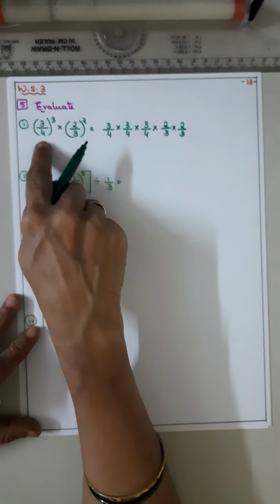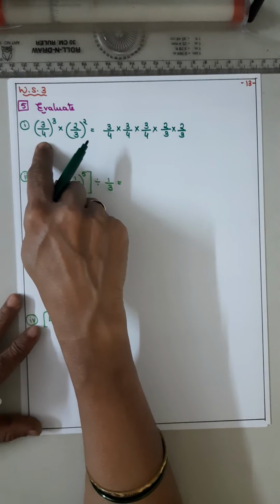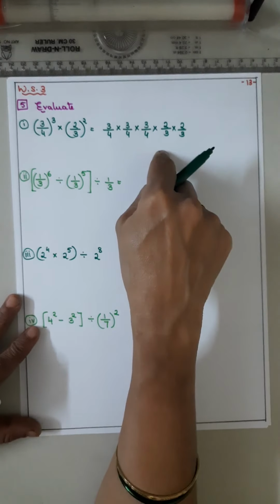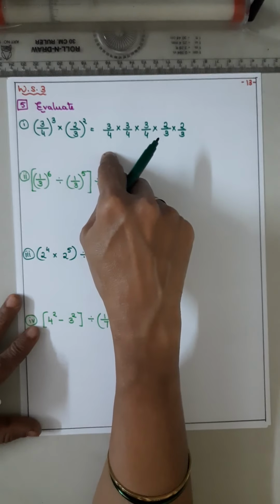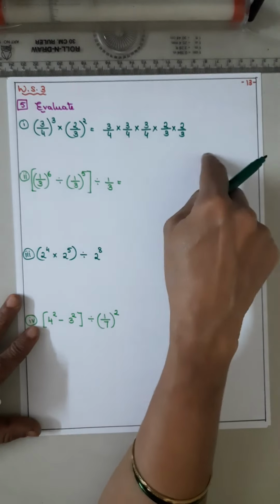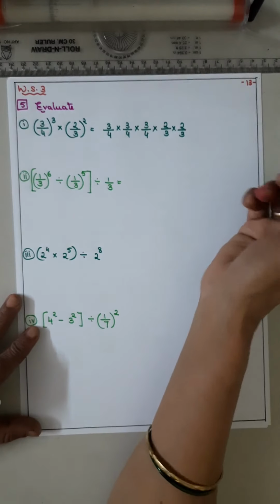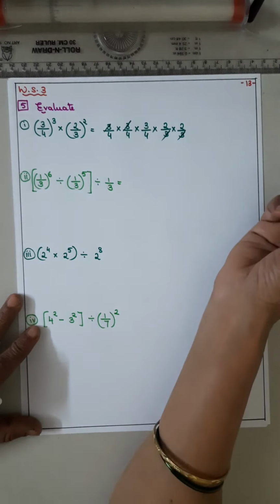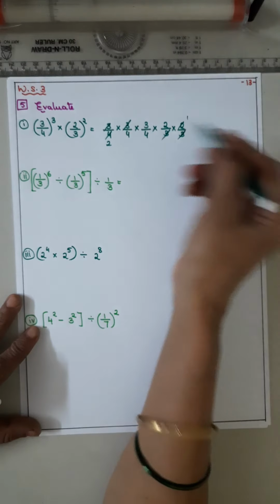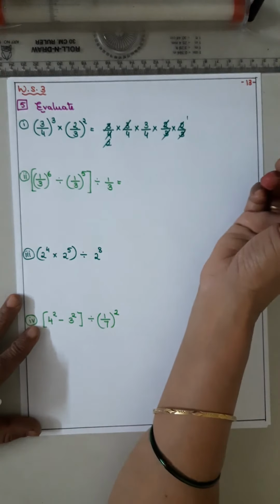You can find the value. Means 3 cube is how much? 3 3s are 9, 9 3s are 27. Like that also you can write. But this is the easy method. Cancelling is there, isn't it? So 3, 3, 3, 3 get cancelled. Now 2 and 2 get cancelled.